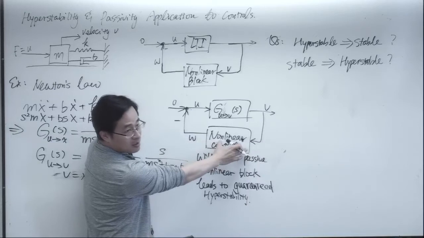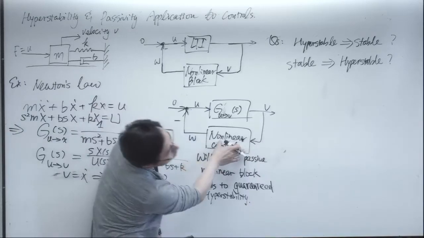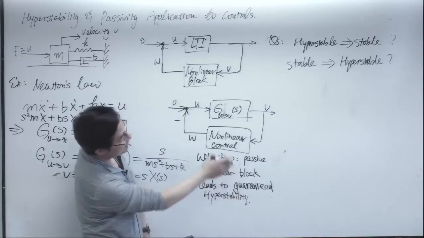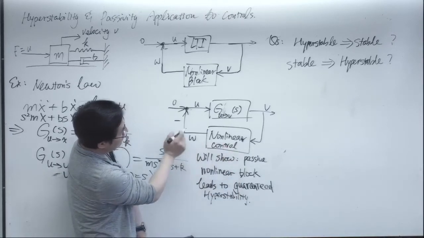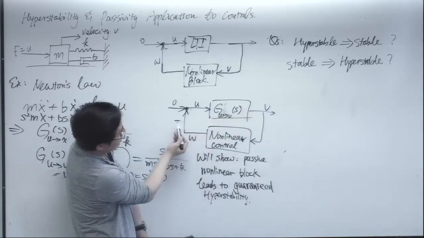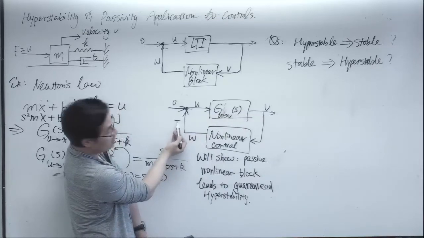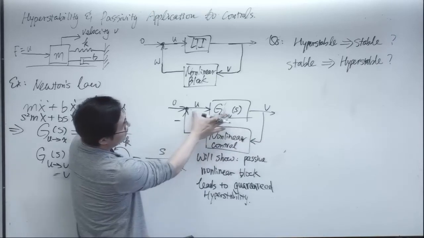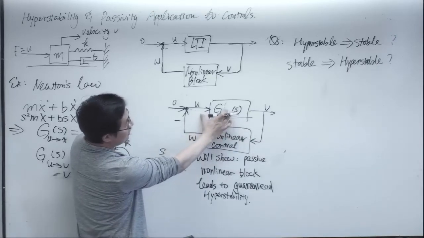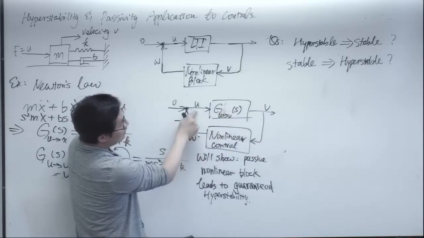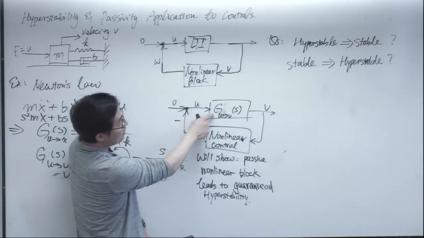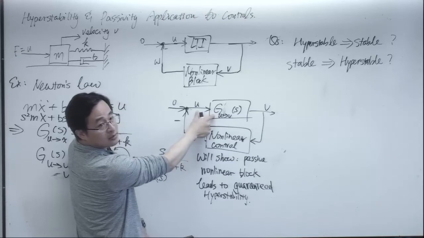We're saying the nonlinear block will be at least lower bounded by negative gamma square. Okay? And the negative sign will cancel with this negative sign over here. And then make the physical connection to here, suggesting that the energy that is supplied to this LTI block will be bounded.